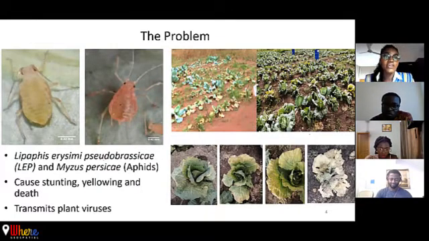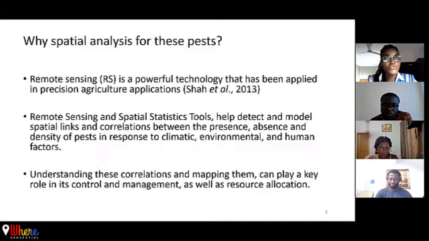Now I want to understand why we are using spatial analysis for this pest. We've seen in earlier presentations the usefulness of remote sensing in different aspects, from natural resource management to agriculture. But in this presentation, we'll be looking at it particularly for this pest, aphids, on cabbage.